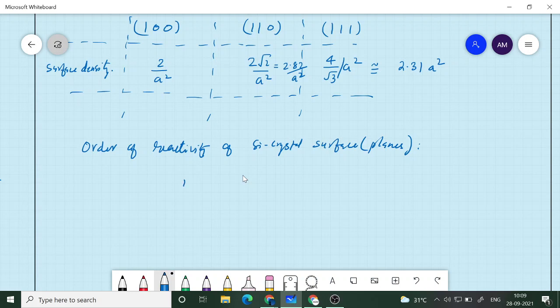So which is more preferred? 100, then you have 111, and then you have 110. 110 is hardly used for fabricating electronic devices. So 100 is the most preferred, and in certain cases 111 is also sometimes used. Out of these three, this is the most preferred, and this one is the least preferred because it is highly reactive.